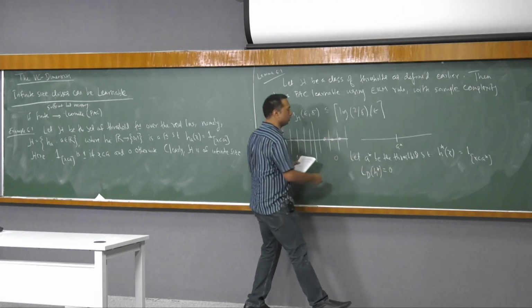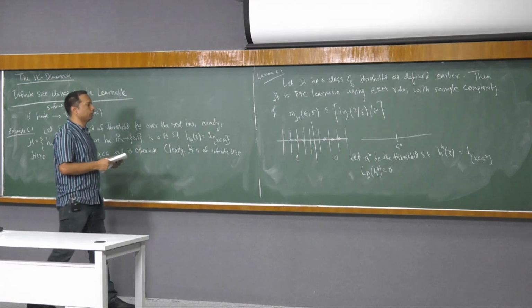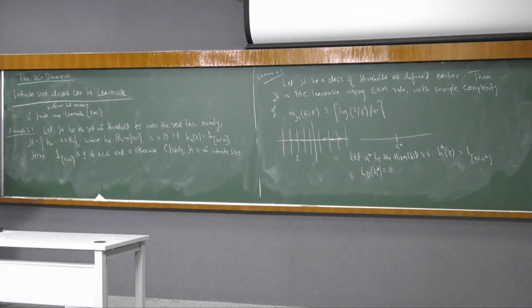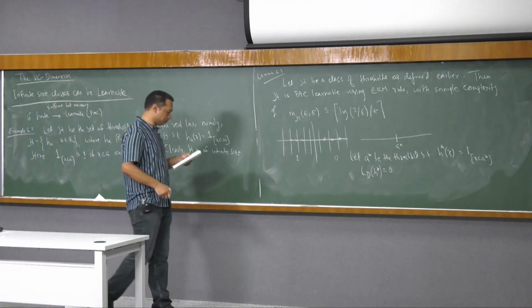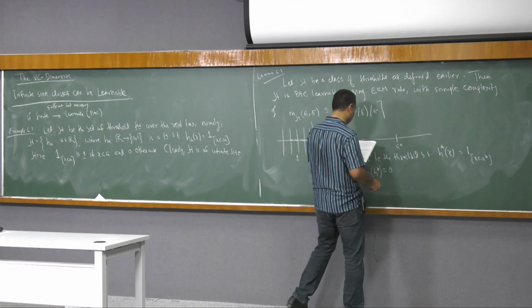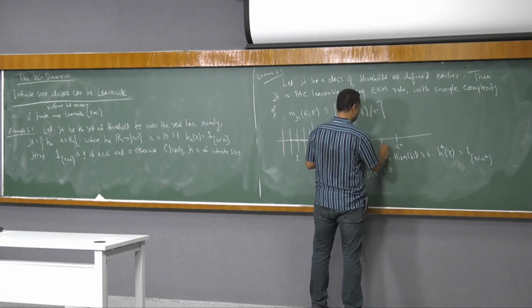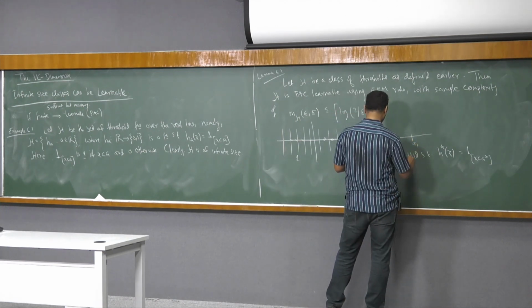So we are assuming all this. Let us say that there is A star, optimal H star, which classifies things perfectly, both for white data points, which is the training, and red data points, which are the test. Now let us take some points, A0 here and A1 here.